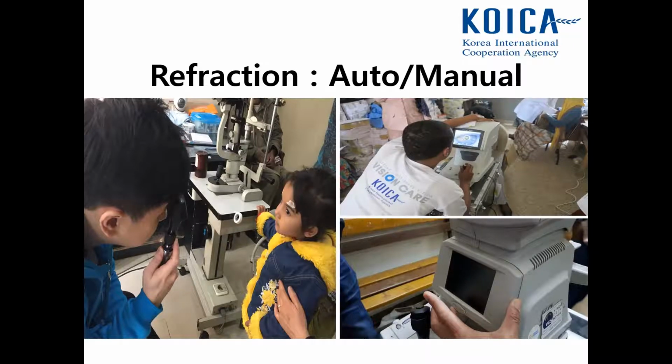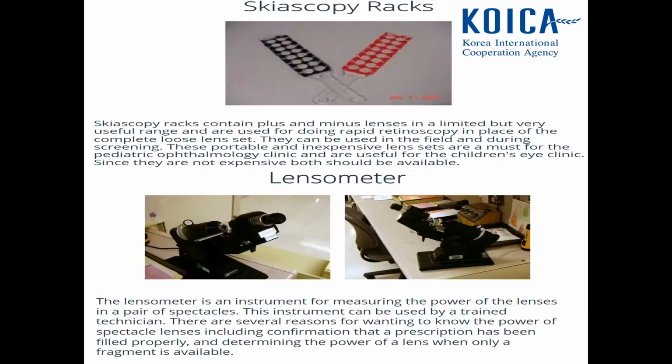An automated refraction machine does not need specialty or expertise, and it can be operated by anyone with brief education. So we can examine many patients in a short time, and it also gives us other information about the corneal radius. From this, we can calculate the IOL power for cataract operation.